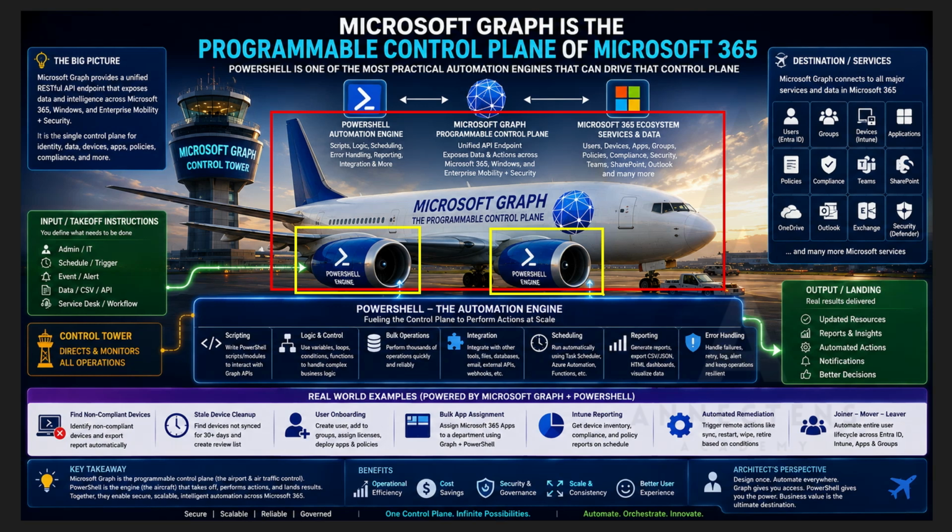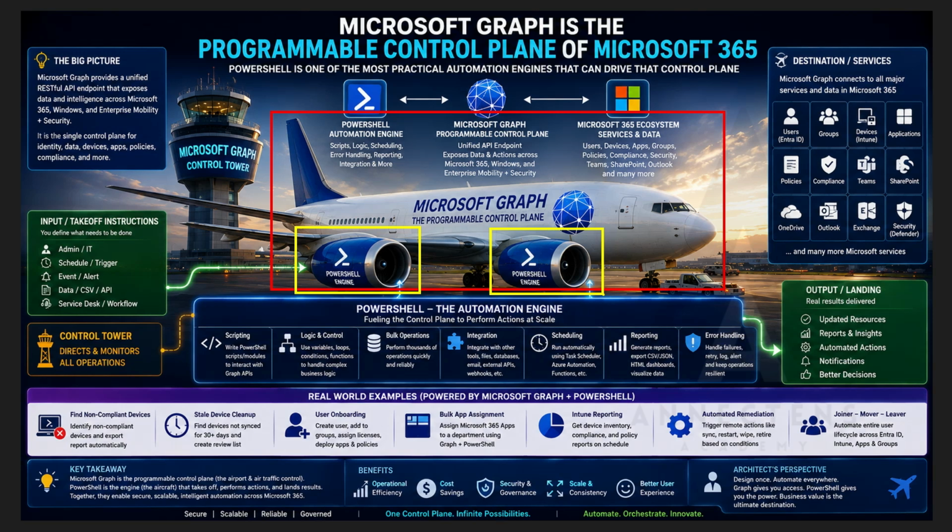Microsoft has described Graph as a gateway for the data and intelligence across your Microsoft 365, your Windows, your enterprise mobility and security. Everywhere we are going to use this from the endpoint perspective.